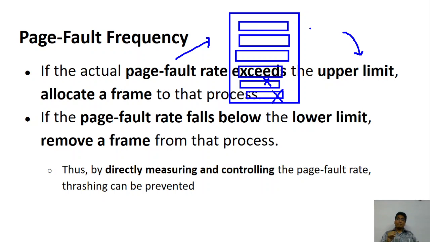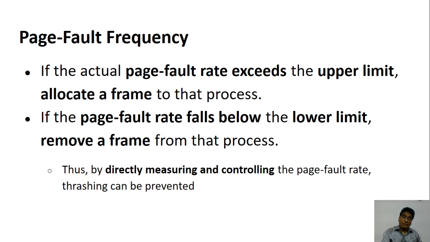So by looking at the page fault frequency, you can directly control thrashing. You are controlling the individual process by looking at its frequency, and this is the easiest way of doing it.